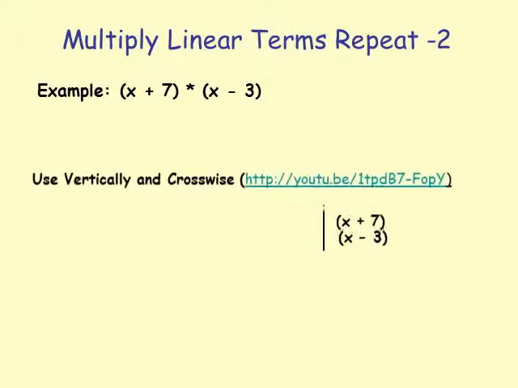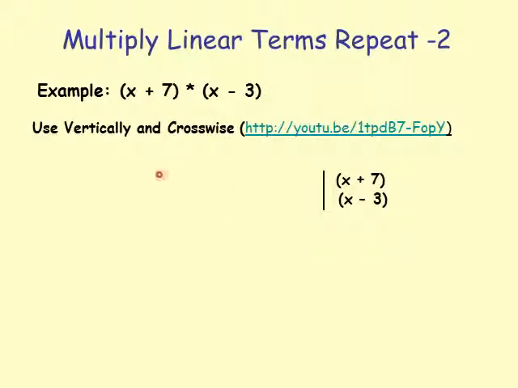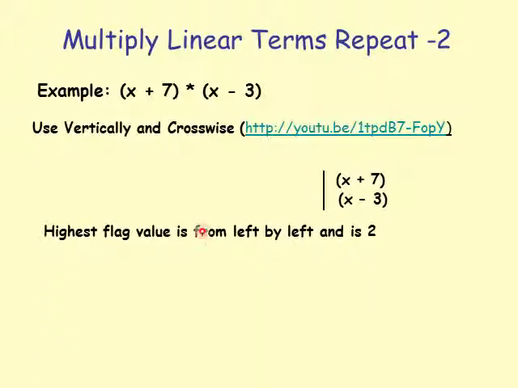Let's do another method here. This time we will do vertically and crosswise multiplication. This is the general method of multiplication, and it's shown in the video for the number math. So we write down the two operands, x plus 7 and x minus 3, and I draw a vertical line here. First of all, this is flag value 1, this is flag value 0, flag 1, flag 0.